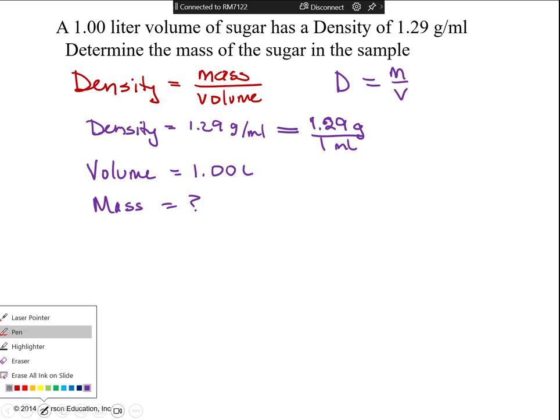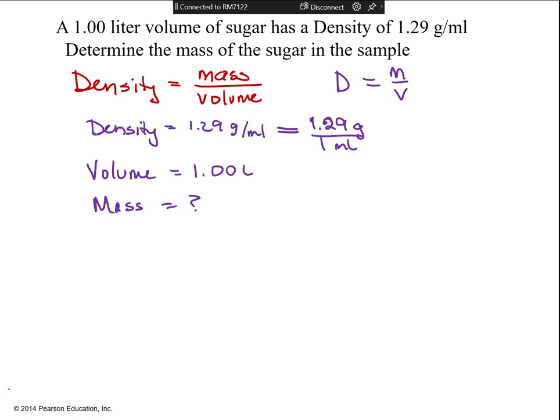Okay, so I've got to get M all by itself. So that means I have to move volume. Okay, so if I want to rearrange this formula, see in the formula, mass is divided by volume. If I want to solve for mass, mass needs to be by itself. So I multiply both sides times V.